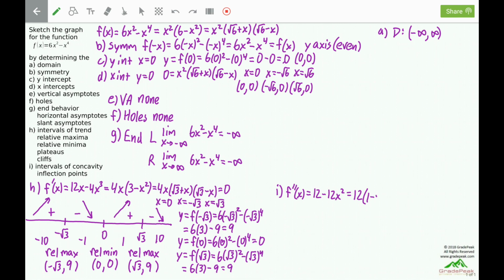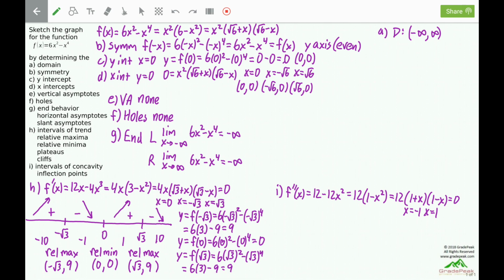Factoring that out will leave 1 minus x squared, which is a difference of squares and can further factor into 1 plus x and 1 minus x. Setting this equal to 0, and solving for all x's gives x equals negative 1 and x equals positive 1.